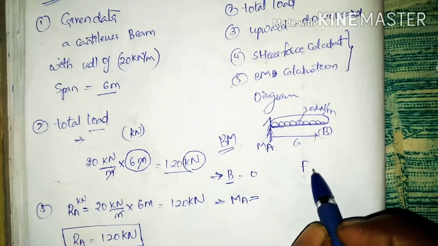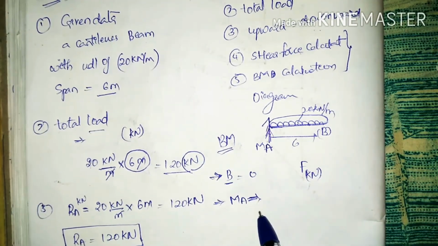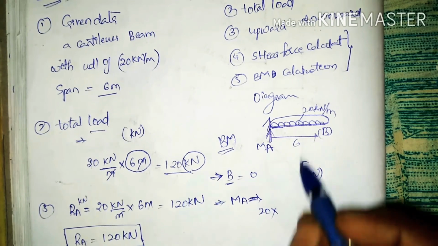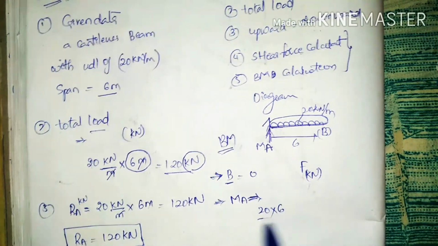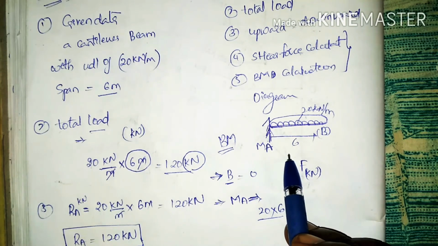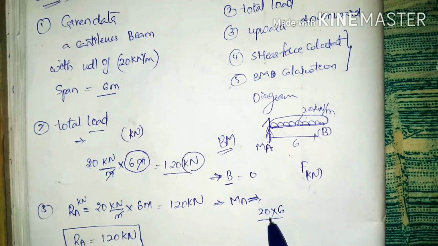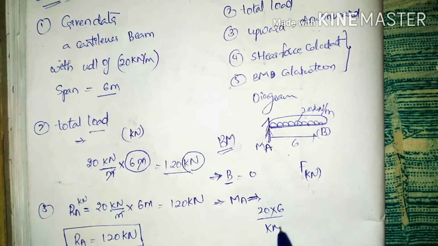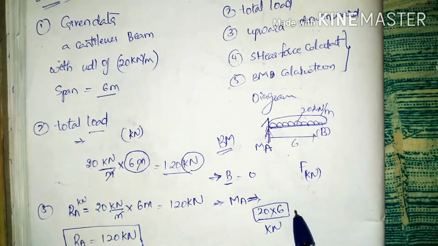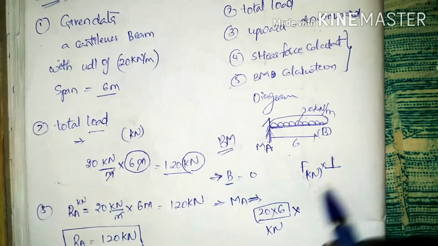The force always should be in kilonewtons, so that the 20 is multiplied with the 6. When the UDL is multiplied with the length over which it acts for all the span, that is converted into kilonewton. This is the total force, and into perpendicular distance.